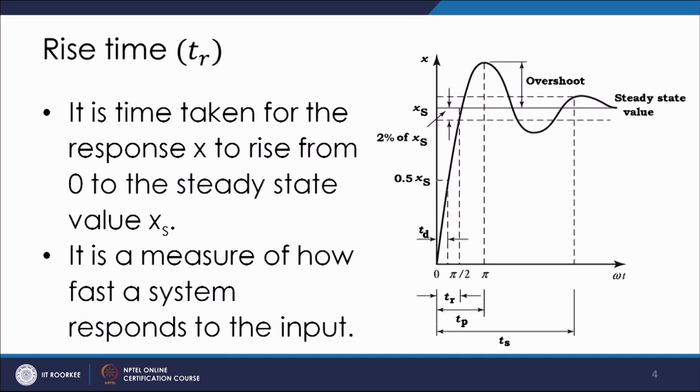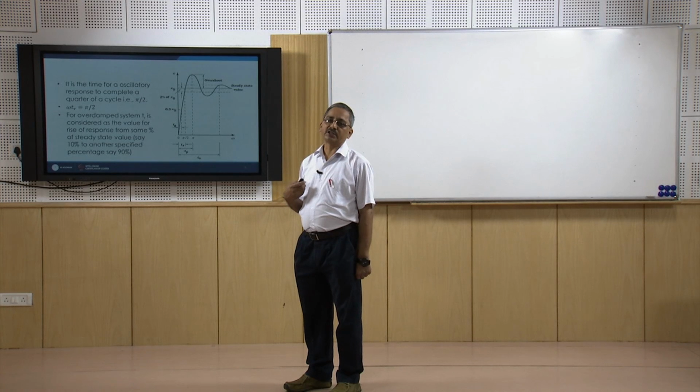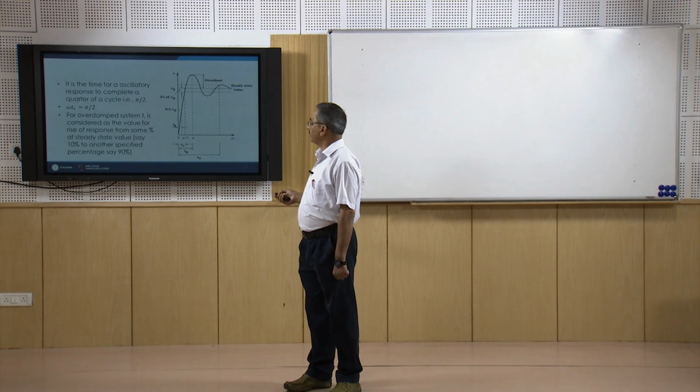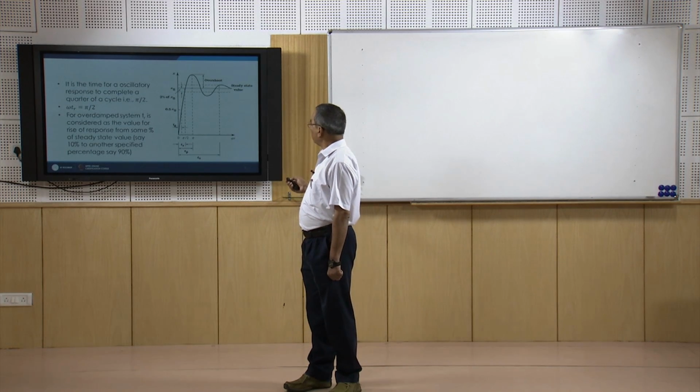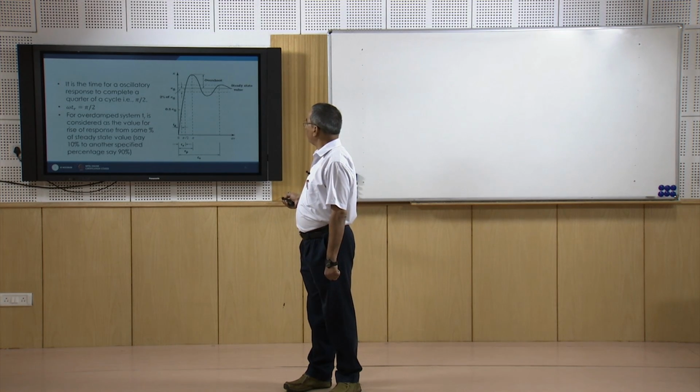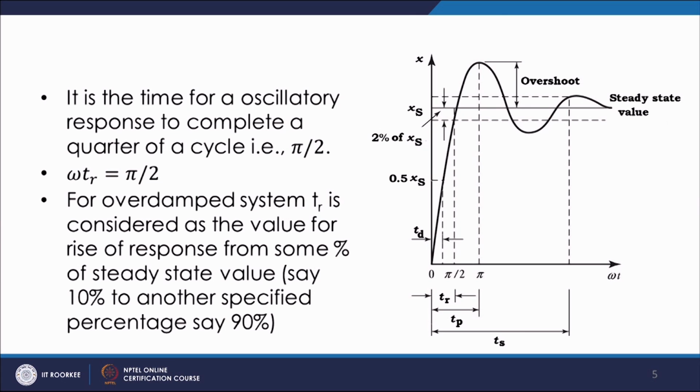Whatever time is required for the output response to go through this range is defined as the rise time for the overdamped system. But as I said, for the underdamped system, we define it as the time taken for the output to go from 0 to the steady state value.